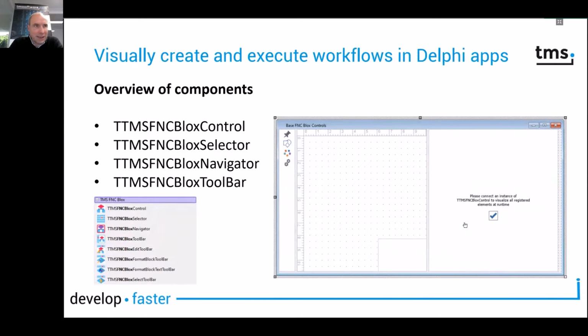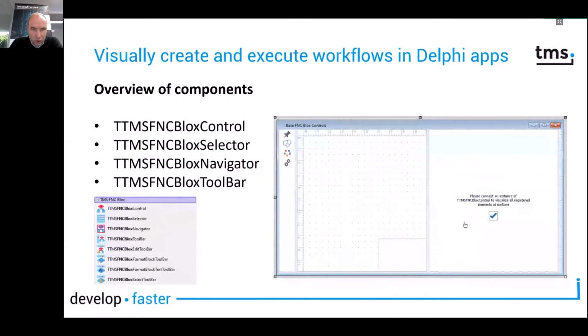There is the navigator, which is a scaled down view of the blocks control, from where, if the area where you drop blocks exceeds the area of the blocks control, you can see the full range in a scaled down version and navigate this way.